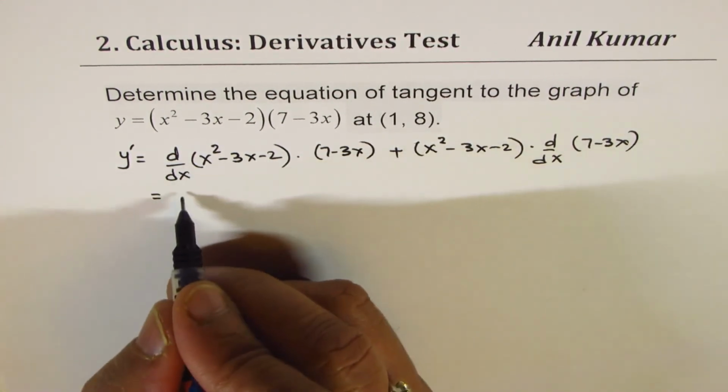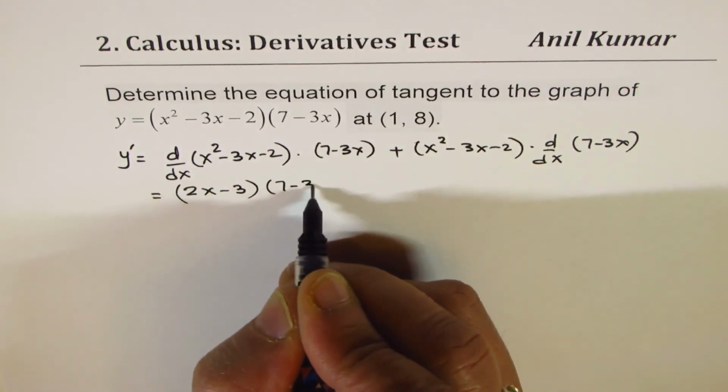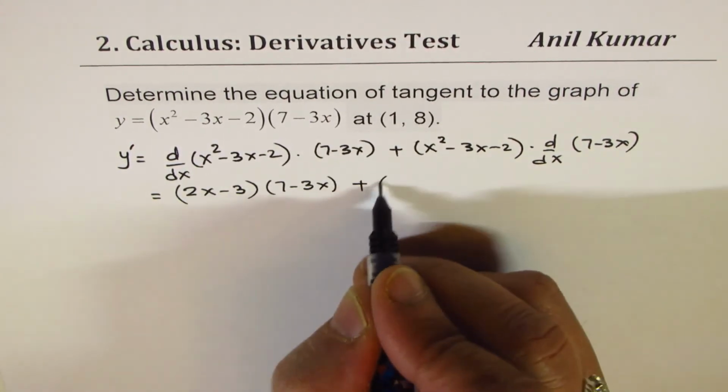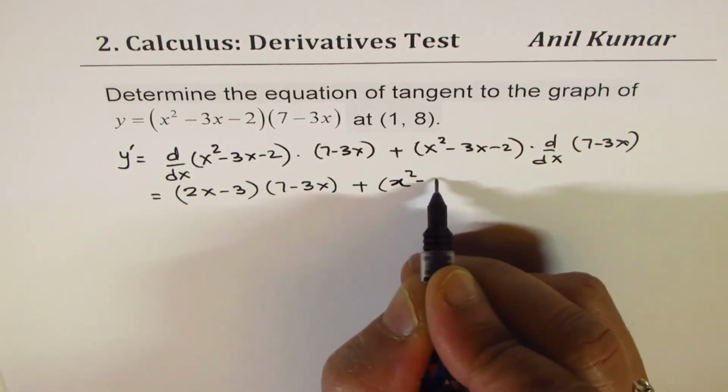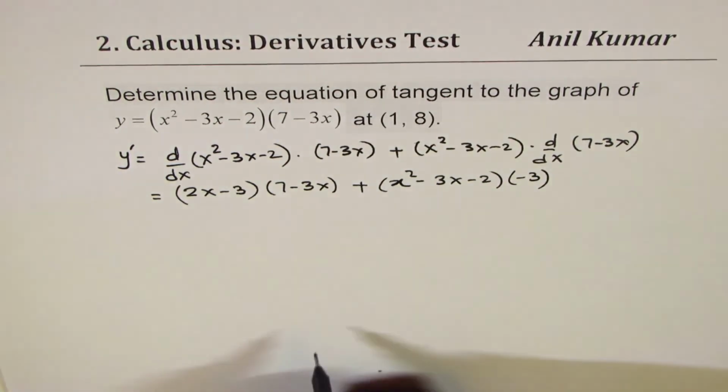So that gives us 2x minus 3 times 7 minus 3x plus x squared minus 3x minus 2 times its derivative, minus 3.